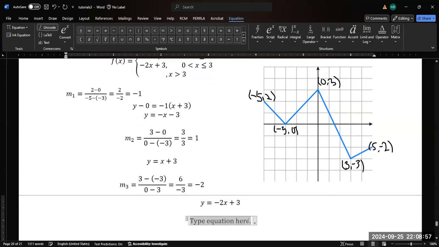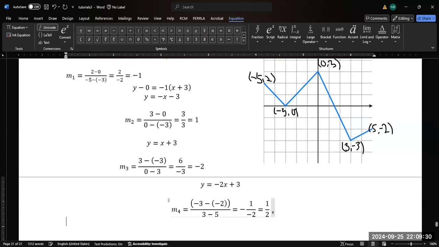And then we have one more, M4, and that's going to go between these 2 segments. So the y coordinates, -3 minus -2, divided by 3 minus 5, is going to be -1 over -2, which is going to give me a 1/2 slope.